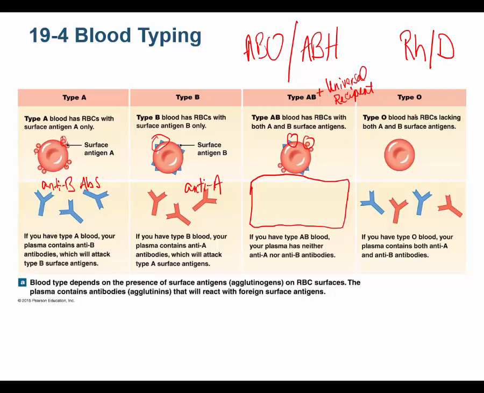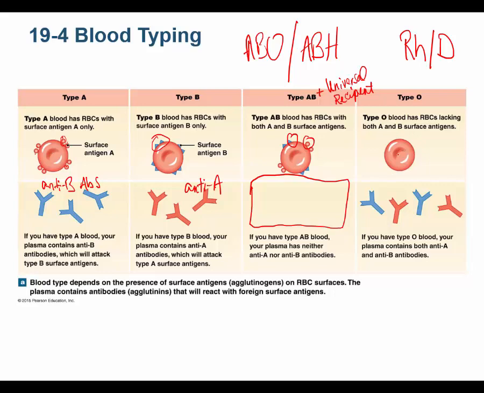All right. Type O has none of these antigens on its red blood cells. When I say none of these, I mean none of the antigens in the A, B, H, and D system. They might have other antigens like Kidd, Kell, Duffy, Lutheran, Lewis, MNS, but we're talking about ABO and Rh right now. So they don't have any of those antigens on their red blood cells.